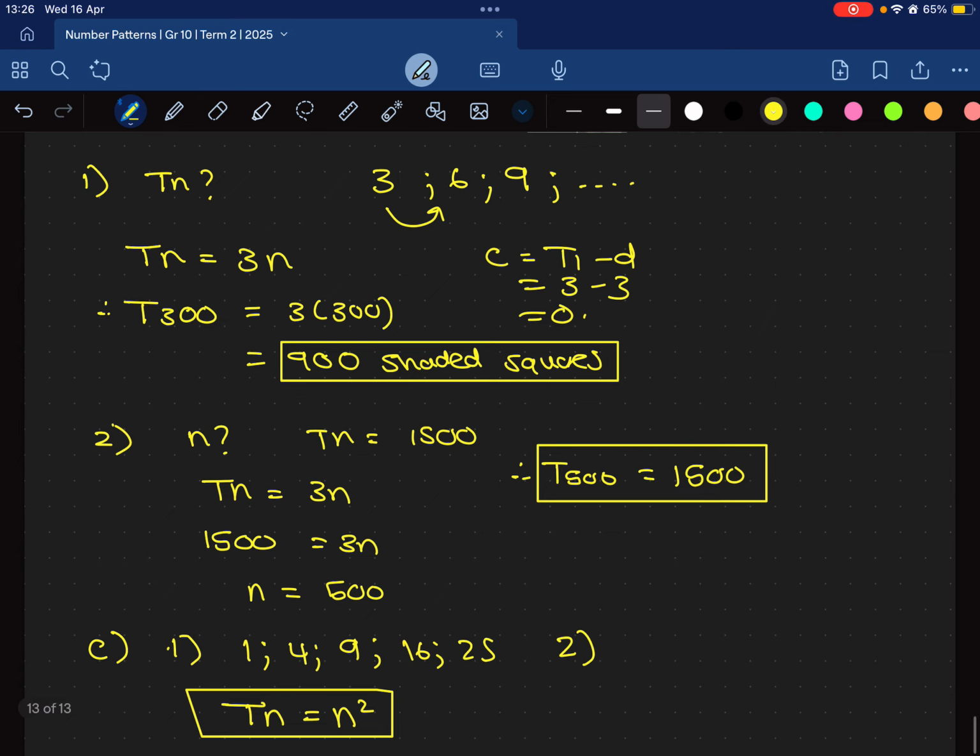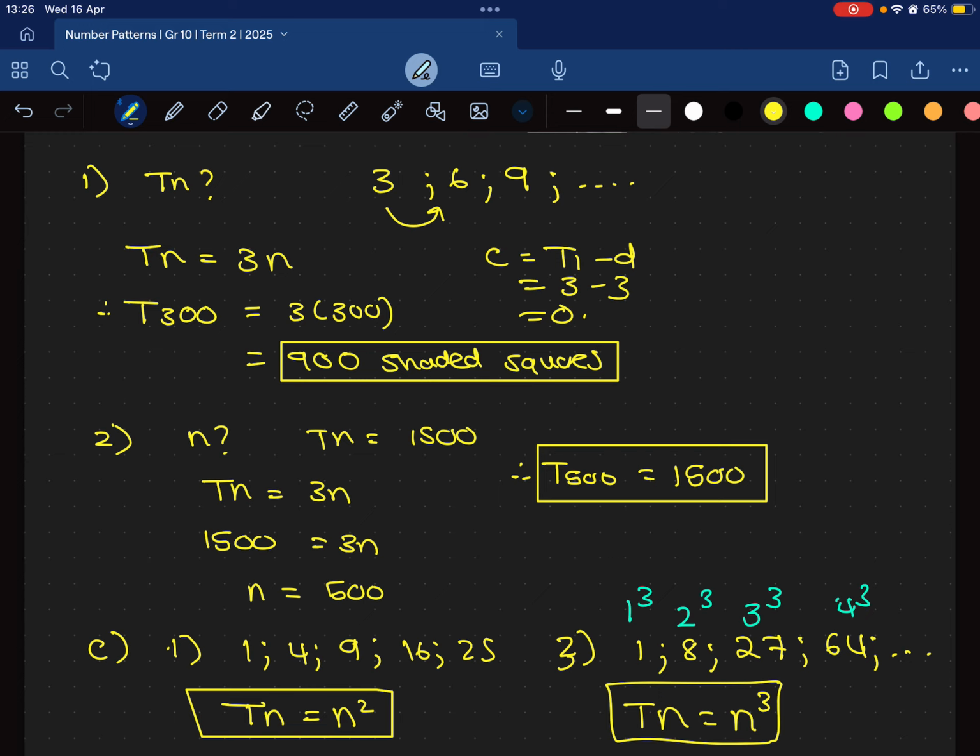Then the next one is 1, 8, 27, 64. This one is a bit trickier, but you should be able to pick up that this is a cube pattern. So the general rule Tn is n cubed.